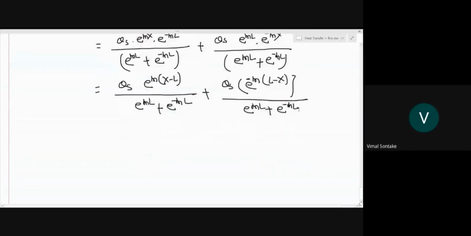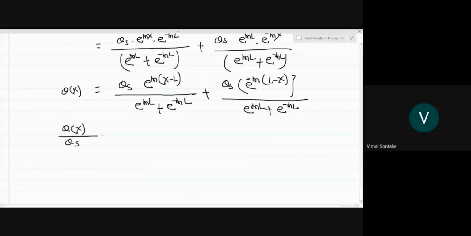And this entire term on the left hand side is equal to the excess temperature at any distance, theta x. Theta s is common, I can take it out and I can take it on the left hand side.